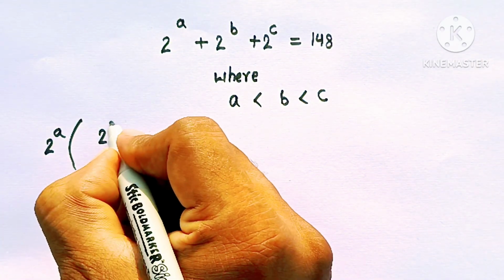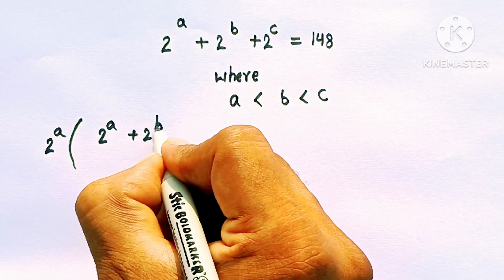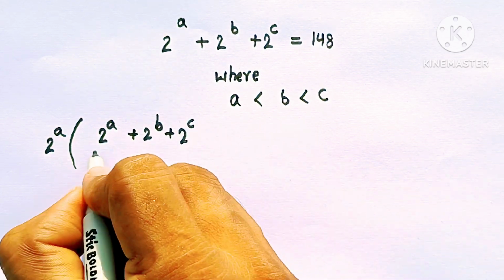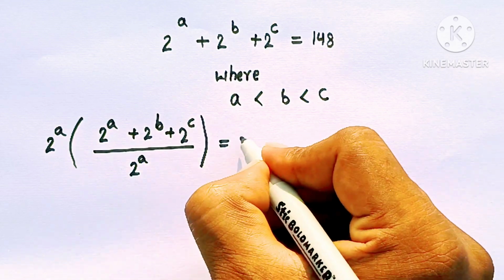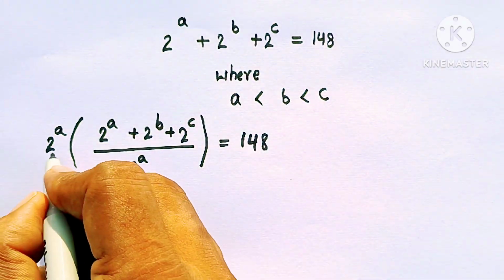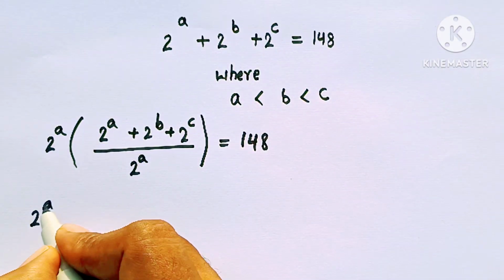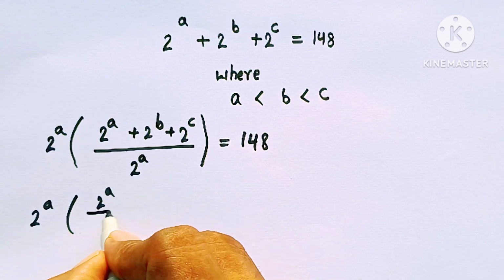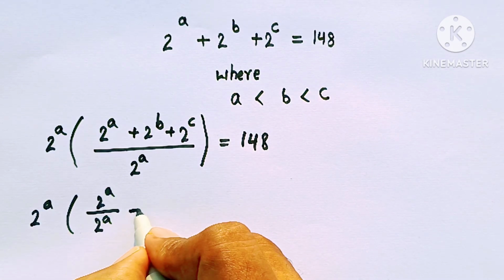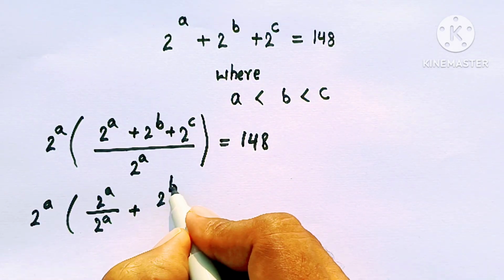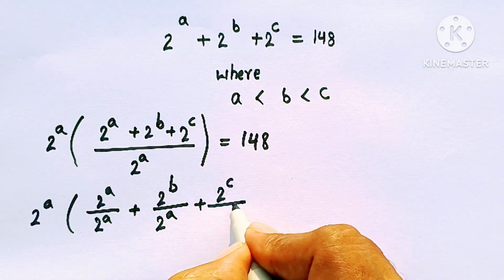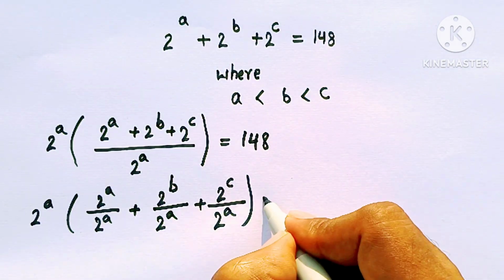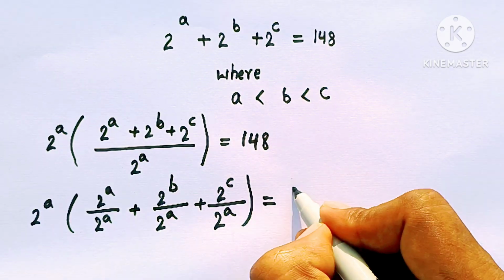So I'll be having 2 to the power a times, in brackets, 2 to the power a plus 2 to the power b plus 2 to the power c, and then divided by 2 to the power a, and here I can write 148. So this will be 2 to the power a, and then 2 to the power a divided by 2 to the power a plus 2 to the power b divided by 2 to the power a plus 2 to the power c divided by 2 to the power a is equal to 148.